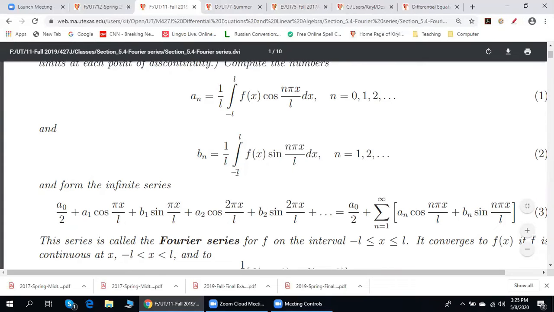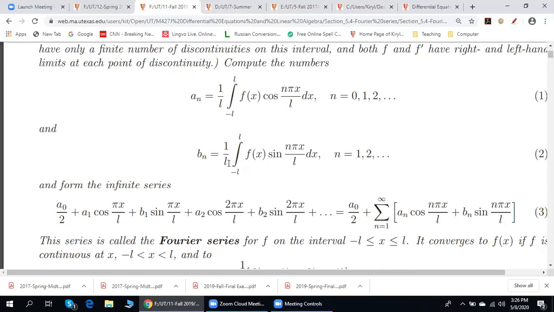Integral not from negative L to L, but from 0 to L. And then here, instead of 1 over L, we will get 2 over L. Because if we have a function, the graph of which is symmetric with respect to the y-axis, the right-hand side is equal to the left-hand side.